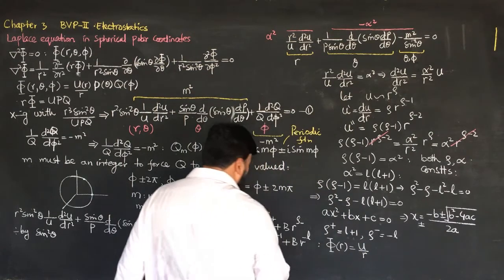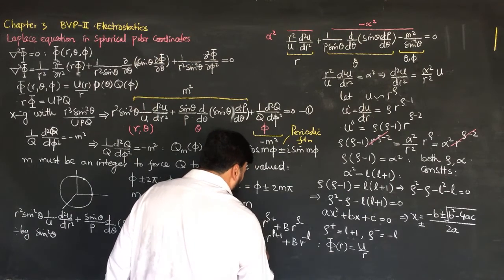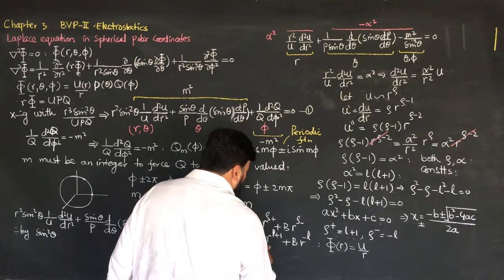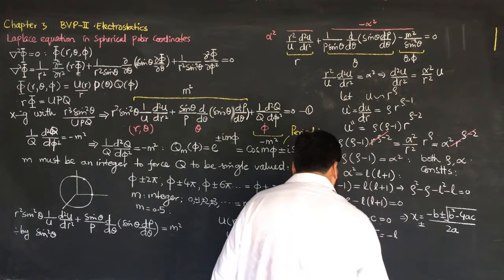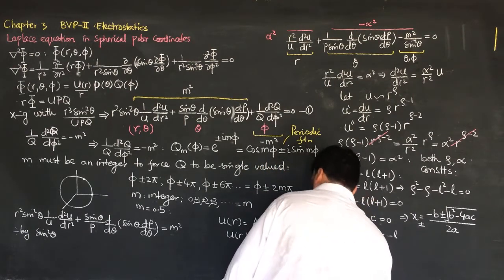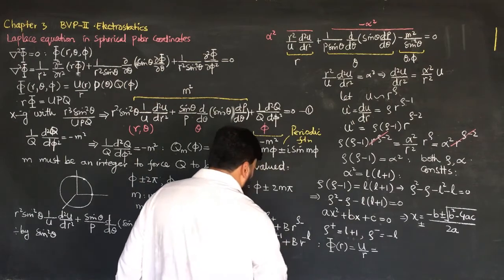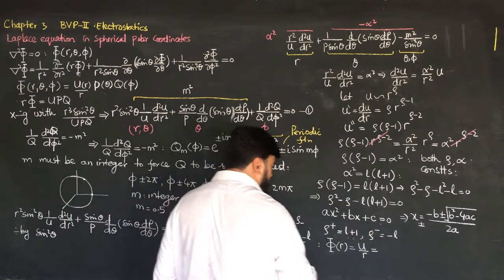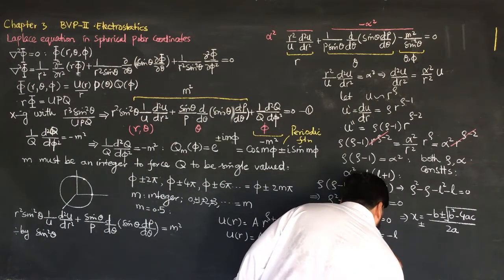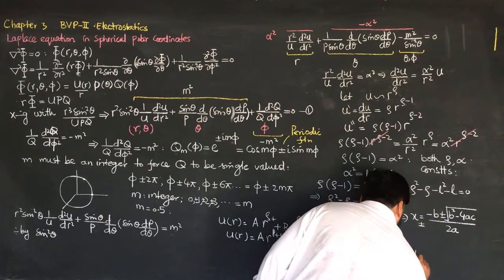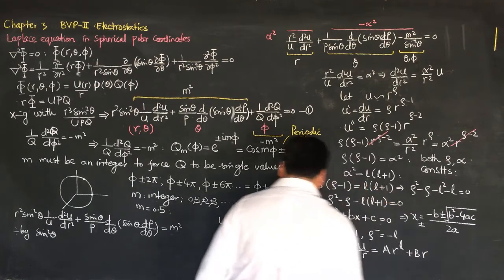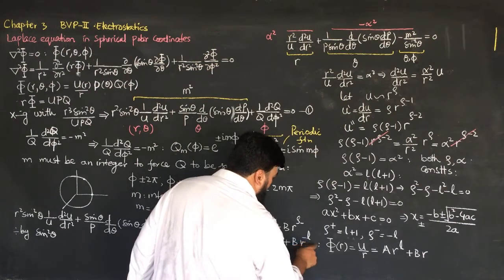So for getting the phi value, it is to be divided by r, and this will make our equation equal to a r and 1 over r, so this will cancel, and we will have a r to the power L plus b r to the power minus L minus 1.